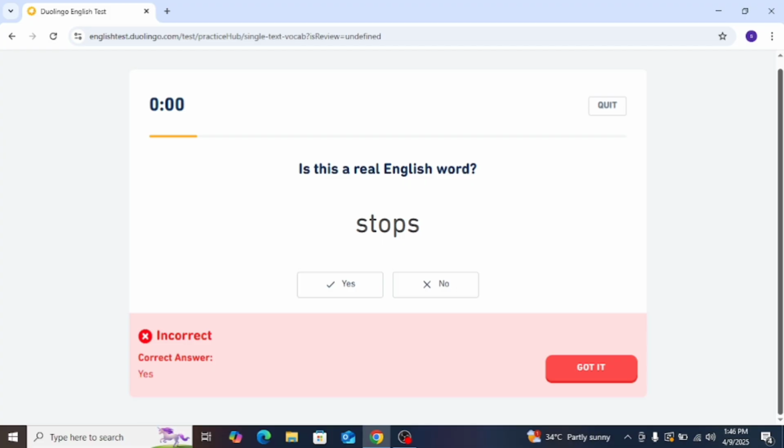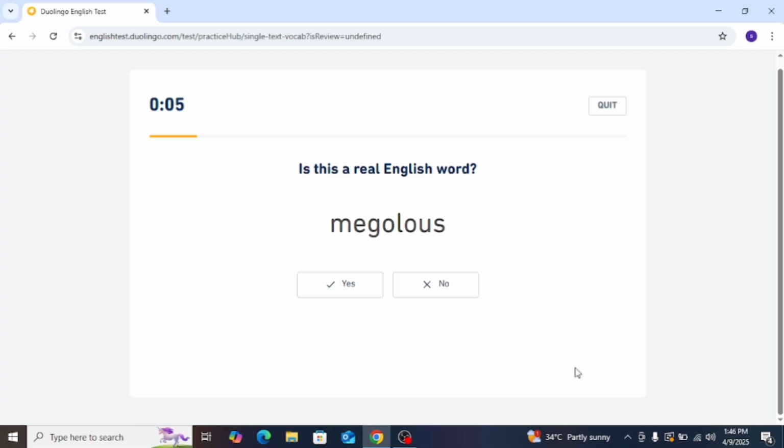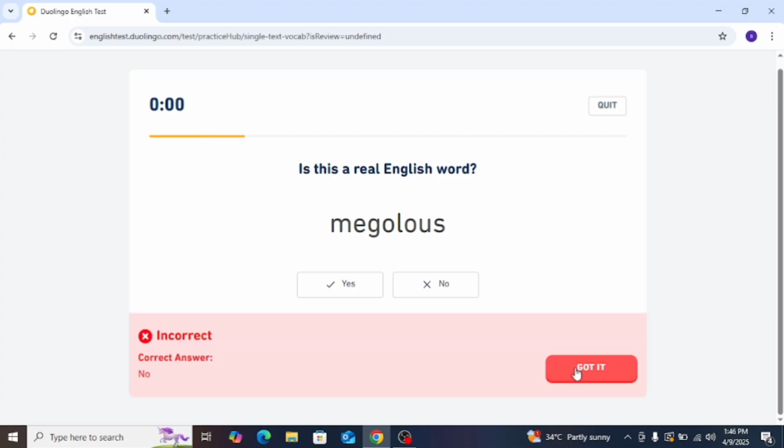The next one is makeloss. Is this a real English word? The correct answer is no, but I haven't selected it because I'm just practicing.